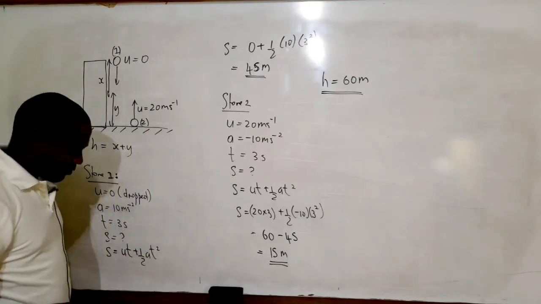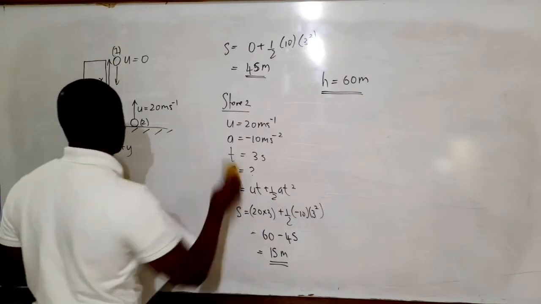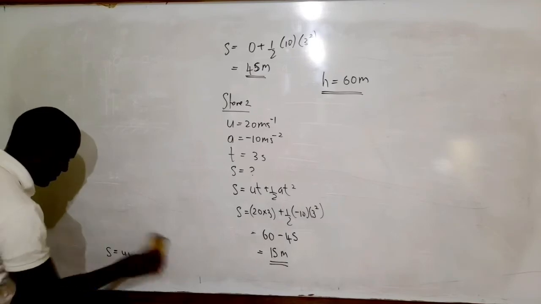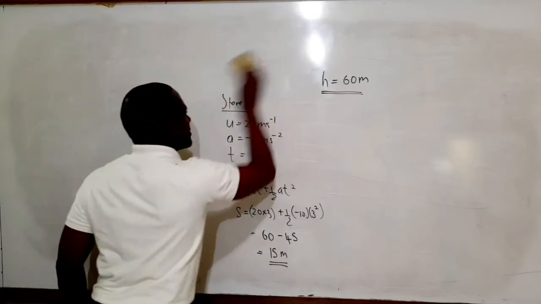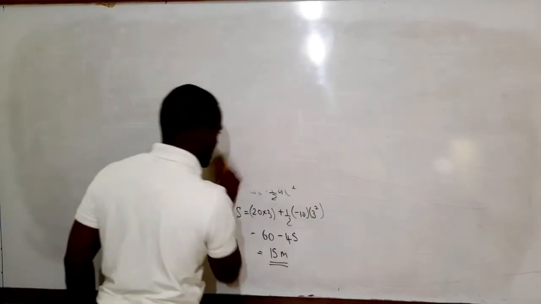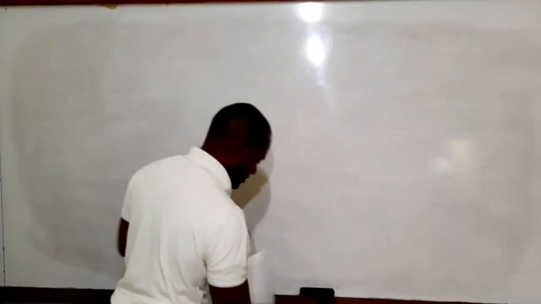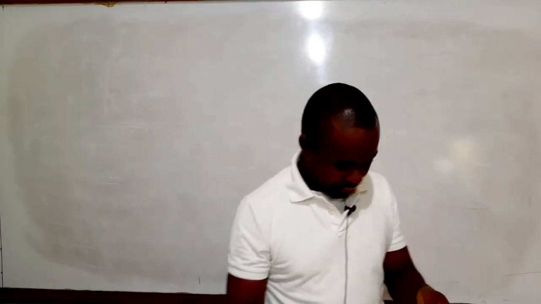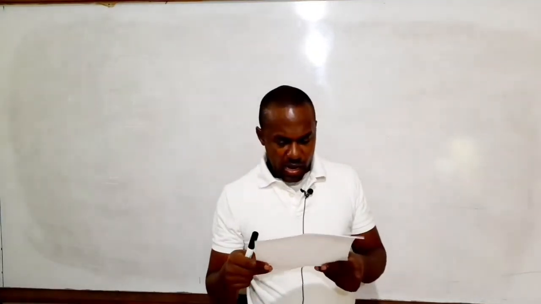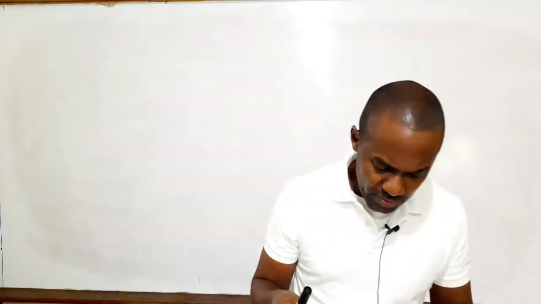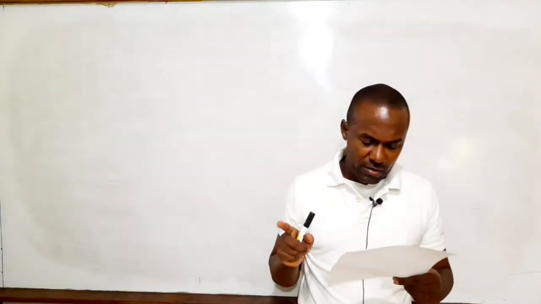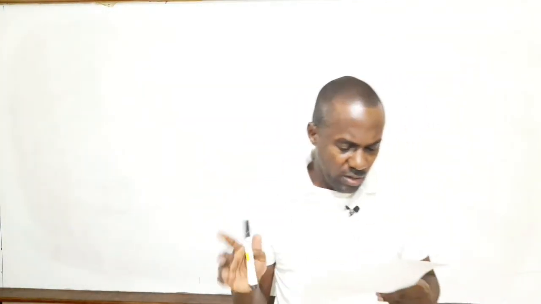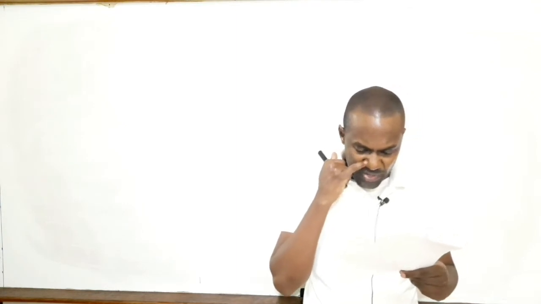All right, let's do one more question. So this one says, a stone is projected vertically upward with a speed of 7 meters per second, and 1 second later, a second stone is thrown vertically upward from the same point with the same speed.